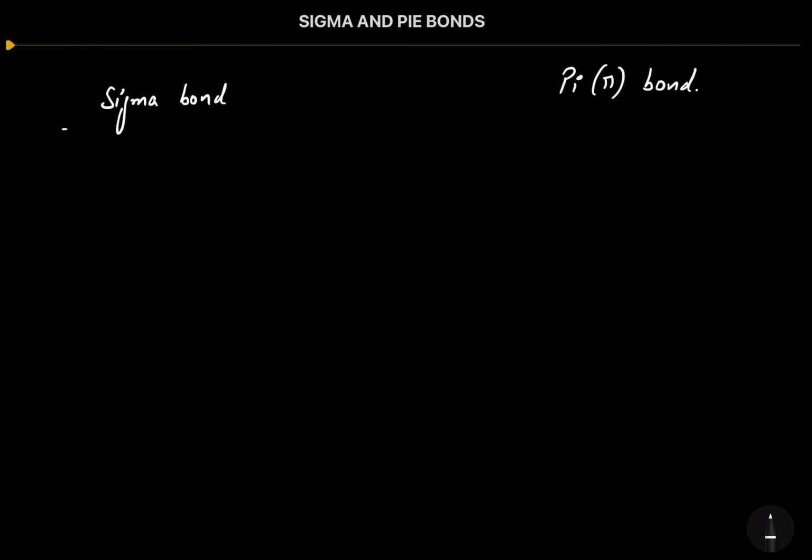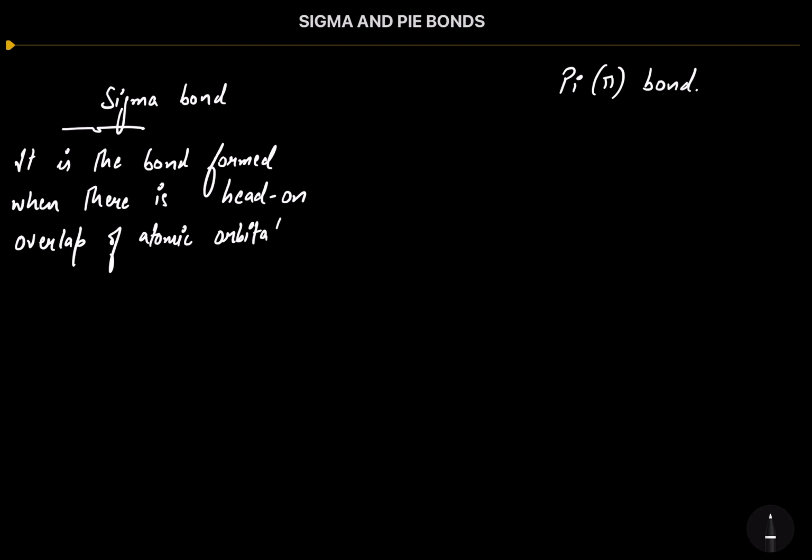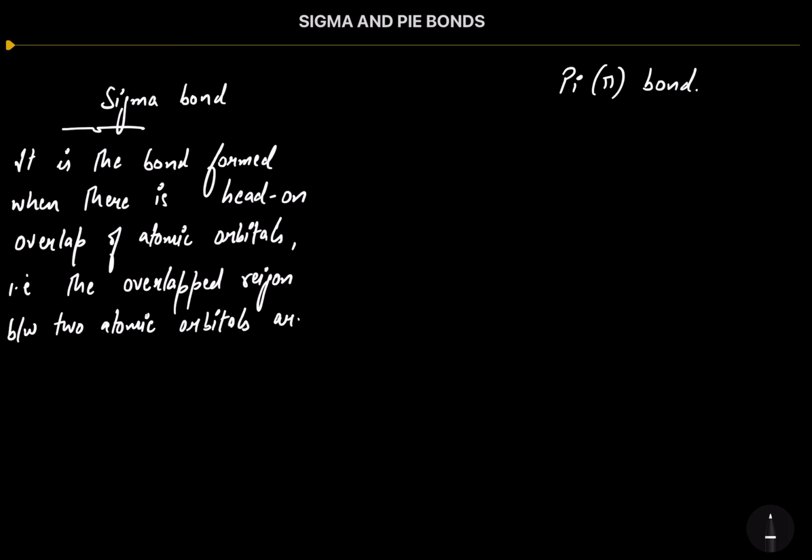Now what is sigma bond? It is the bond formed when there is head-on overlap of atomic orbitals, that is, the overlapped region between two atomic orbitals is on internuclear axis.